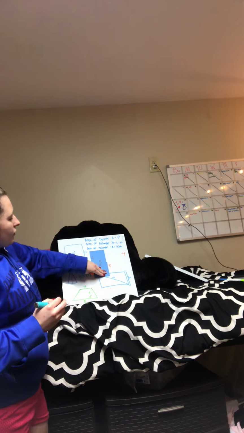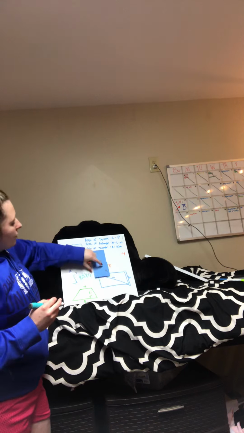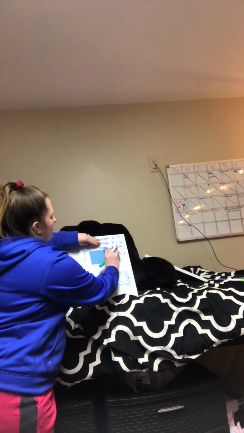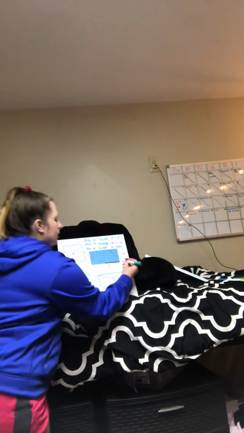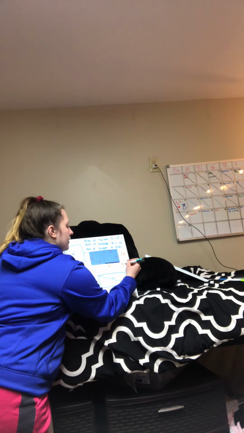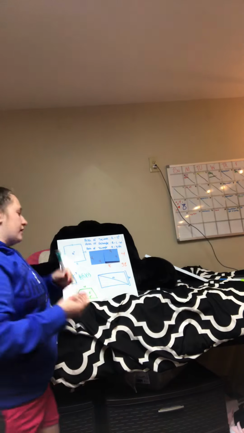Then we'd be making the width a bigger number. But this way, we're making the length a bigger number. So in order to find the rectangle, we're going to do 8 times 4, which is 32. So this is how we are composing 2 figures to make a rectangle to find the area.